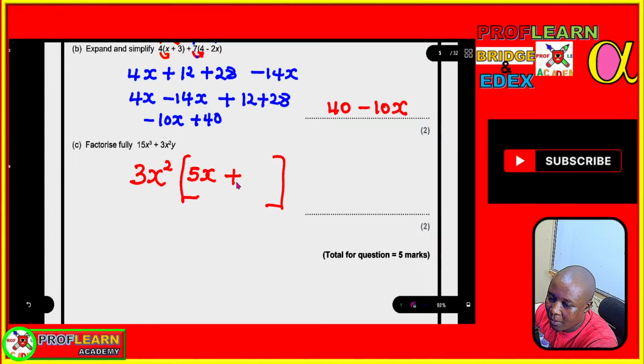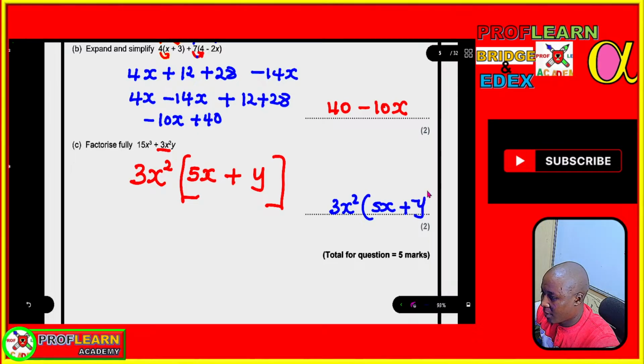And then we shall say plus y, because already we are having 3x squared out, so our expression is going to reduce to the factorized form, 3x squared into 5x plus y.